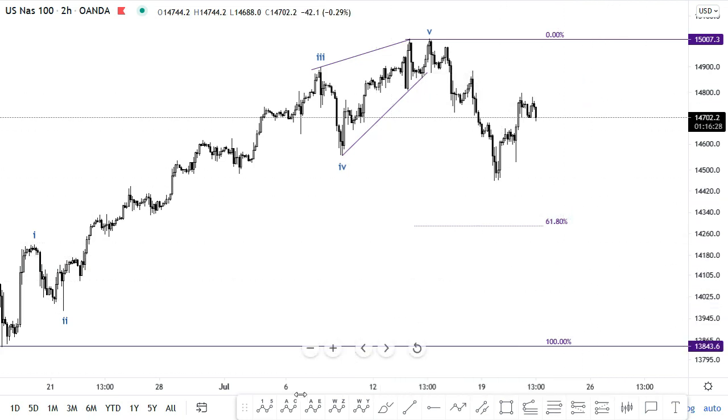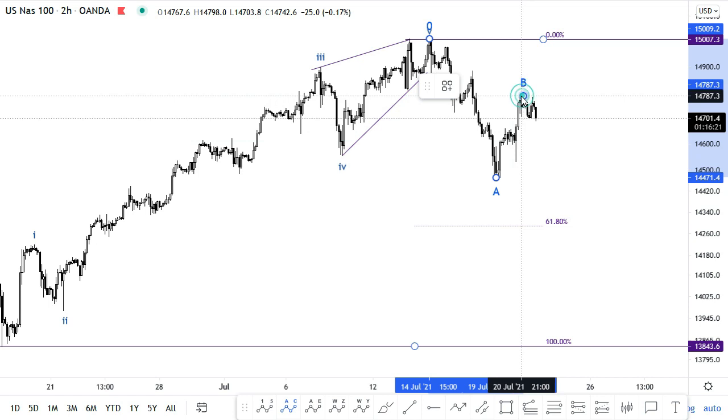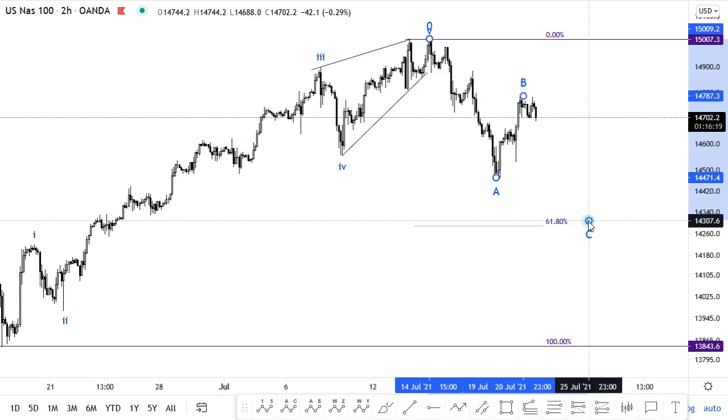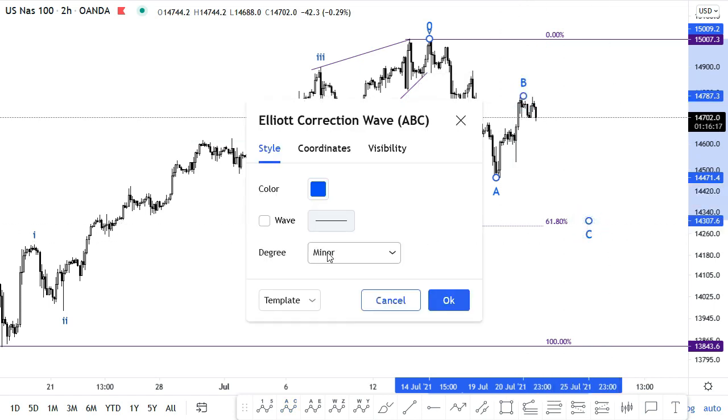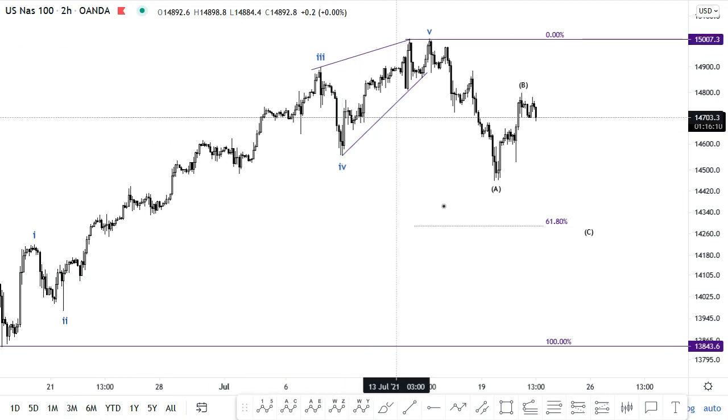So this is our wave A, B, wave C. We can change the degree and then change the color. Let me use black. This will be our correction for this entire impulse move.